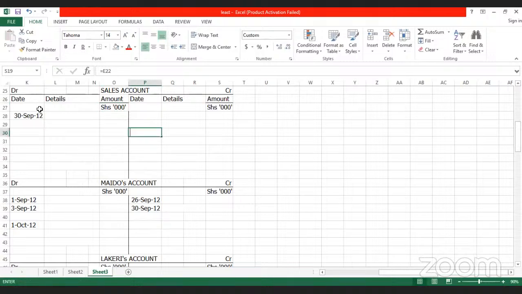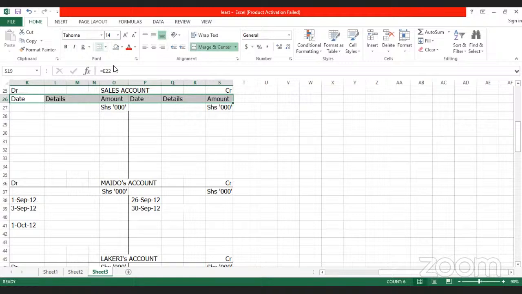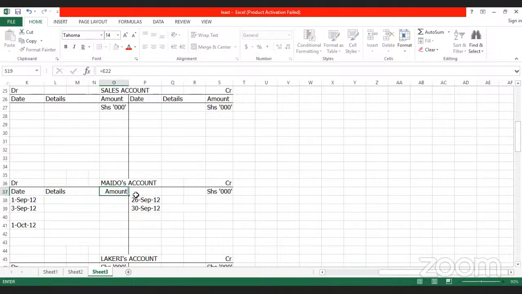So that's my sales account. Then I also need Maido's account. These are trade receivables accounts.